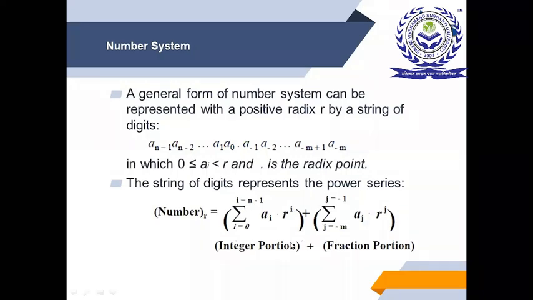This is your integer part and this is your fraction part. In such a way, for any number system of base r or radix r, if we represent a number like this, then the number will be converted directly to its value in decimal.